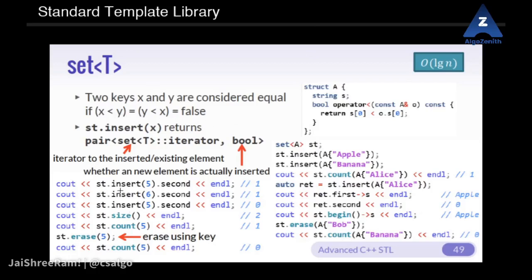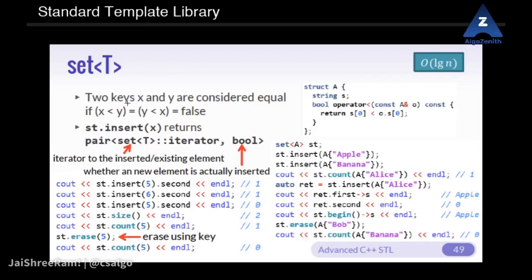So now when you insert an element, it returns an iterator and a boolean. The iterator is the iterator to the inserted element or any existing element that already existed. So set does not allow you to keep duplicates. Okay, so set will only have one instance per key.